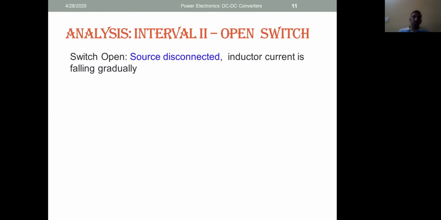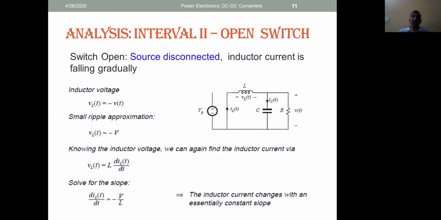Same is for the open switch, but now the source is disconnected. So now it's time when the inductor releases its energy stored during the on period of the switch. So the circuit comes like loop 1 and loop 2. This loop is open, so this point is the highest potential point.